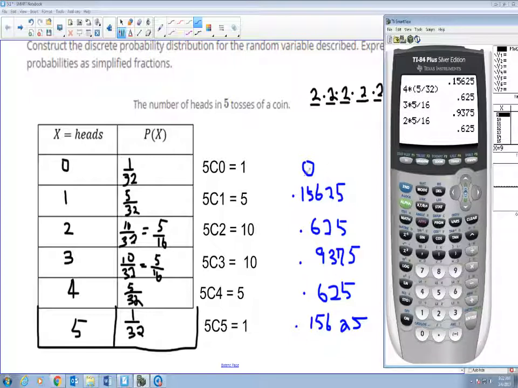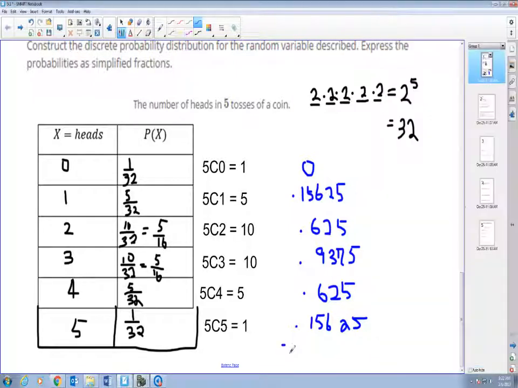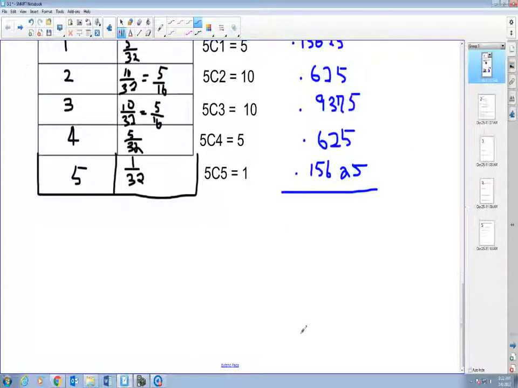Alright, so if I add up all these probabilities, 0 plus 0.15625 plus 0.625 plus 0.9375 plus 0.625 plus 0.15625, that means my expected value is 2.5.